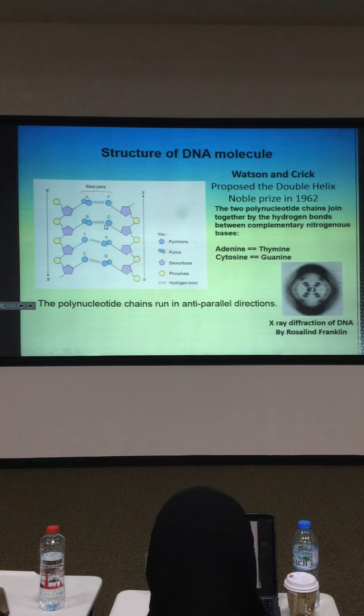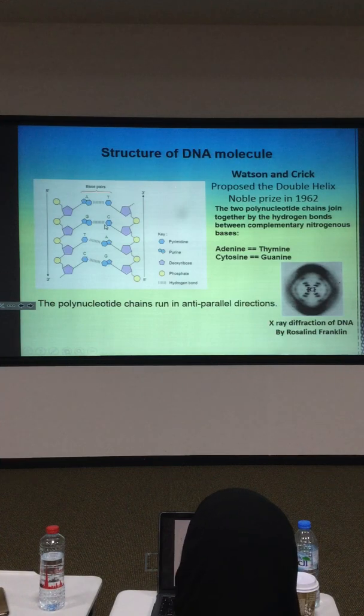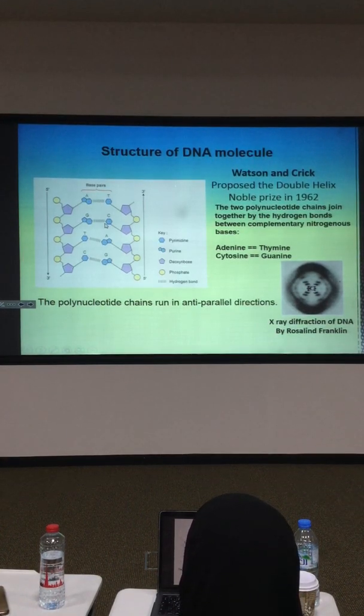There was no proof. So one lady, I think you know this, right? Rosalind Franklin. Rosalind Franklin, for the first time in 1952, she's an X-ray crystallographer, got this image from the DNA. And Watson and Crick took it from her. Okay?